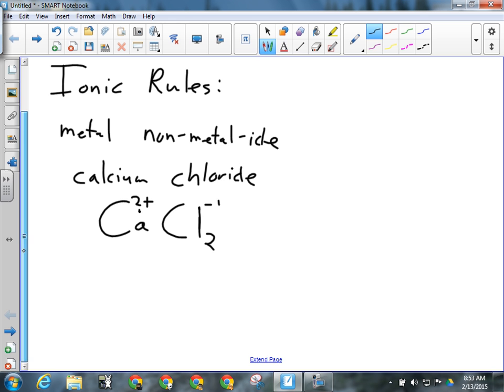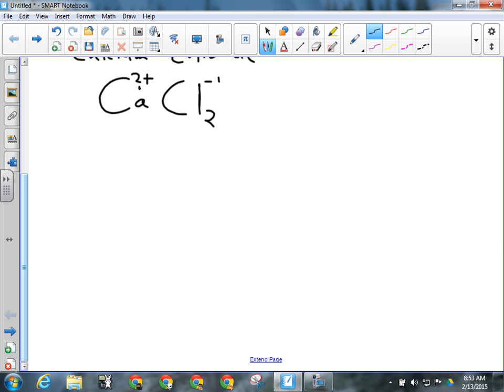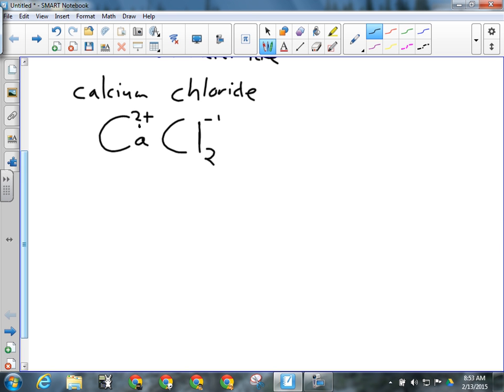Now, once in a while, you run into special situations where the metal has more than one possible charge with ionic compounds. So an example could be this compound here. Let's do it this way. I start writing this out the same way I did with calcium chloride.